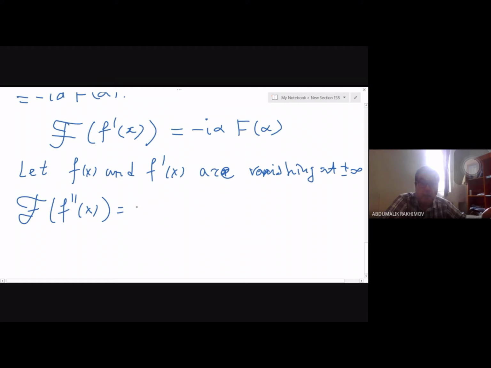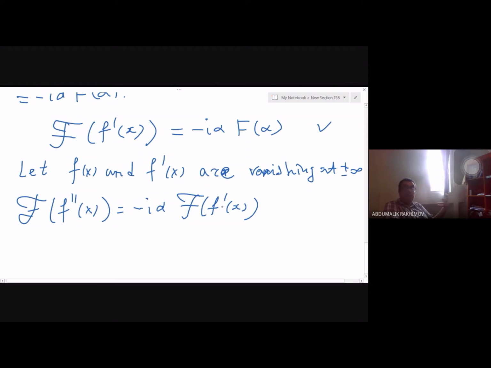So I can write it like this, minus iota alpha. I'm using this formula for the function f prime, not f. Because if instead of f you consider f prime, then it will be f double prime, right? So it's equal to minus iota alpha times the Fourier transformation of f prime. One time I use this formula. So the Fourier transformation of the second derivative is equal to minus iota alpha times the Fourier transformation of the first derivative.